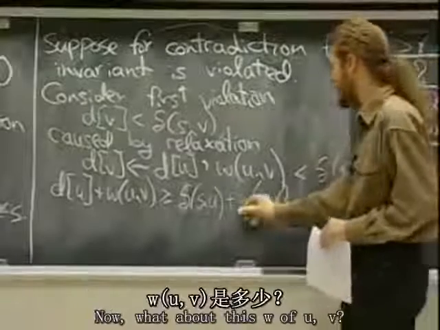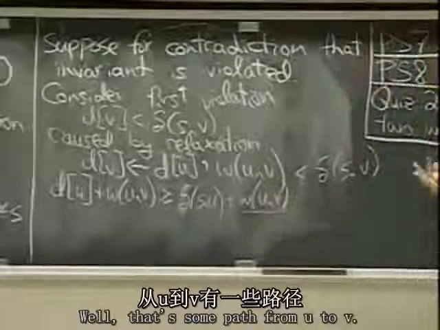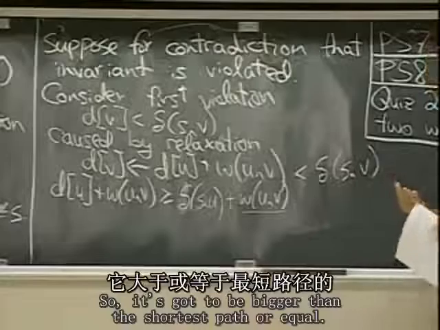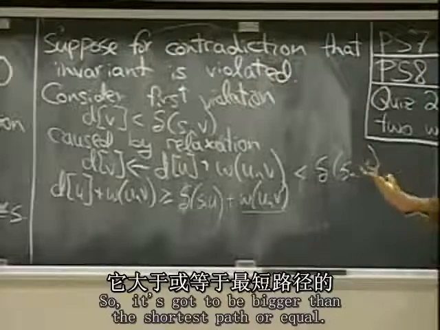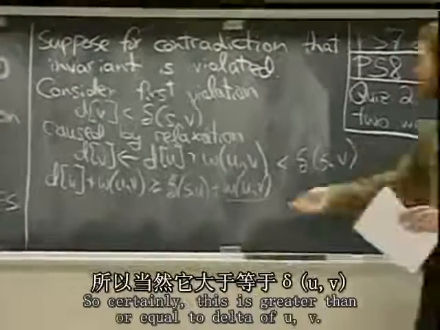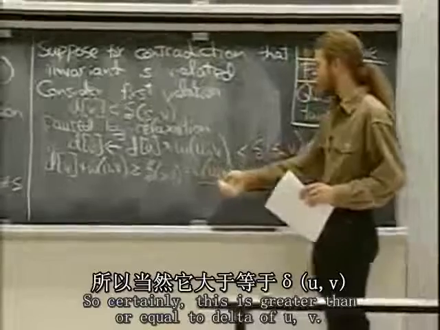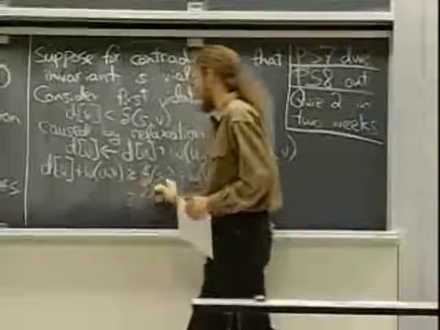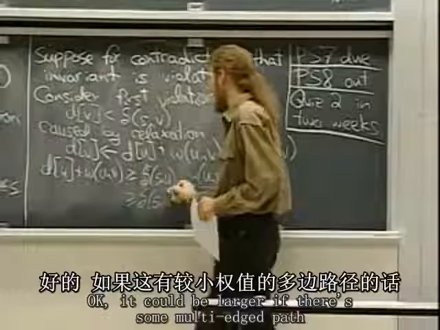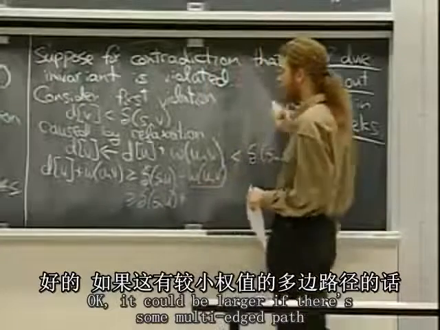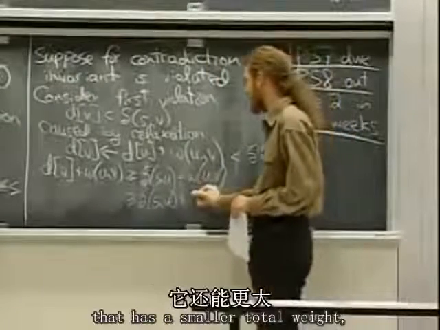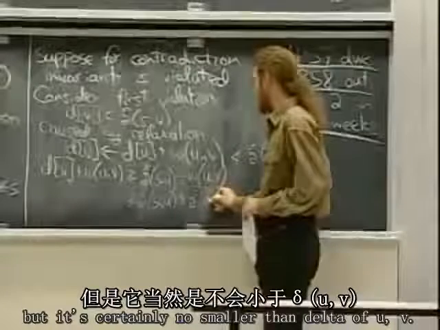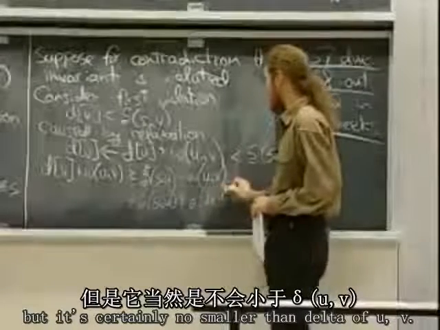Now, what about this w of u comma v? That's some path from u to v, so it's got to be bigger than the shortest path, or equal. So certainly this is greater than or equal to delta of u comma v. It could be larger if there's some multi-edge path that has smaller total weight, but it's certainly no smaller than delta of u comma v.